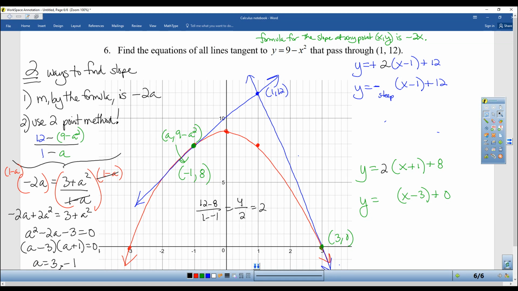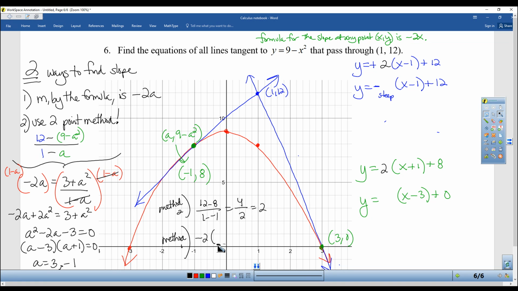Okay? But that's method number 2. Method 1 says if you know your point, if you know your a, the formula for the slope anywhere on this parabola is just negative 2a.